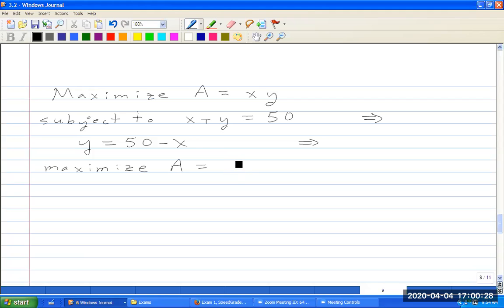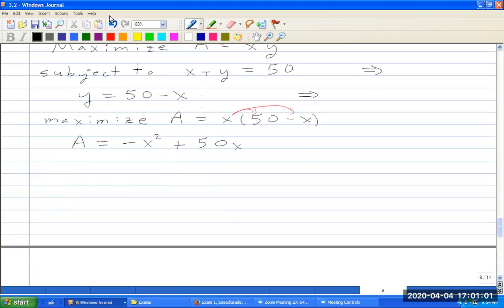And so this is equal to x times (50 minus x). Let me multiply the x inside the parentheses. And so I get that A is equal to, let me write the negative x squared first, plus 50x. So now I notice that this is quadratic in A.